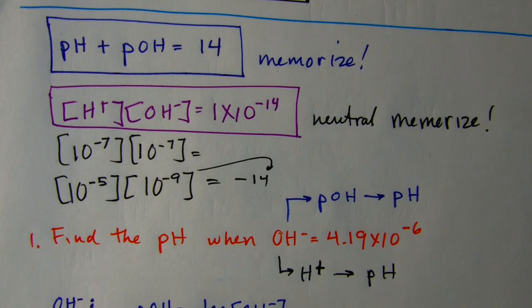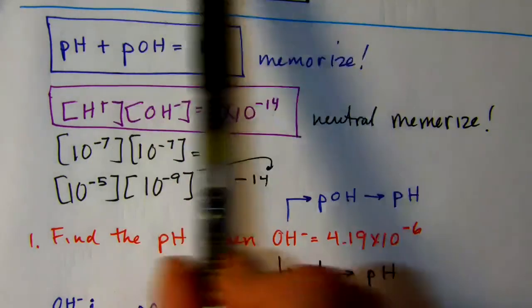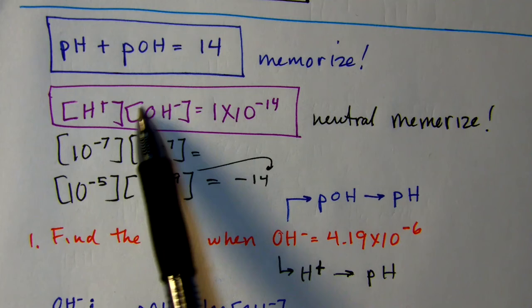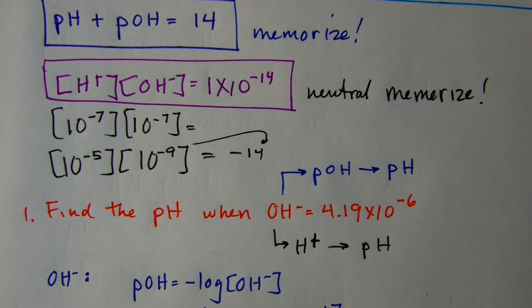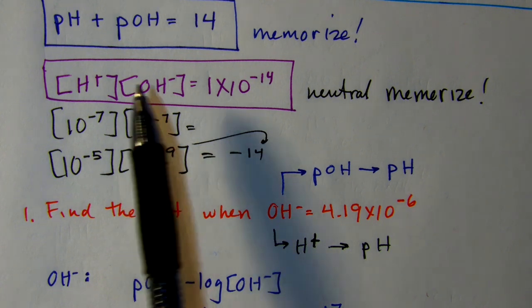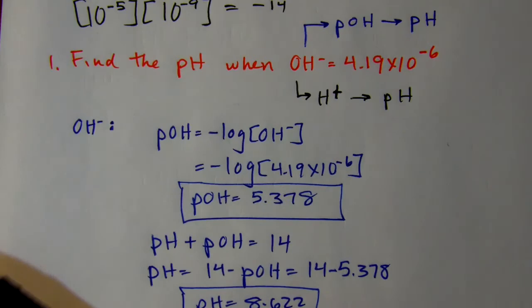We have to memorize this equation right here. These two down here, all of these are very relevant to do. And I kind of gave you the reasons how this works out, but now you have this idea.